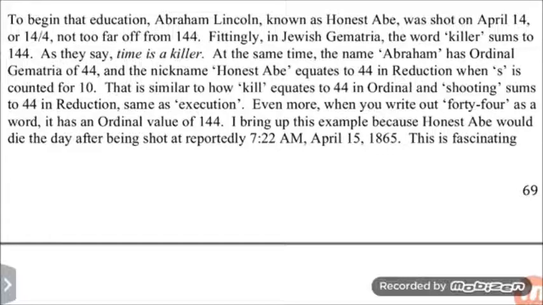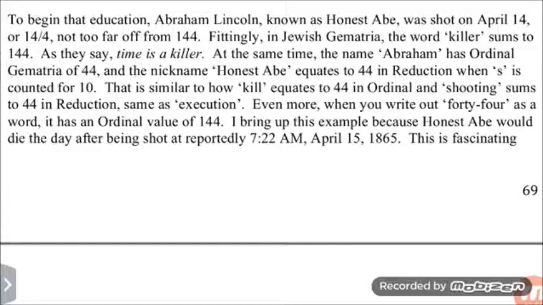At the same time, the name Abraham has an ordinal gematria of 44, and the nickname Honest Abe equates to 44 in reduction when S is counted for 10. That is similar to how kill equates to 44 in ordinal and shooting sums to 44 in reduction, same as execution. Even more, when you write out 44 as a word, it has an ordinal value of 144.